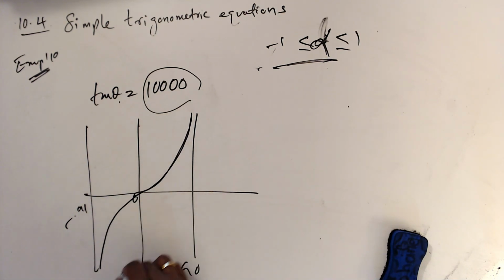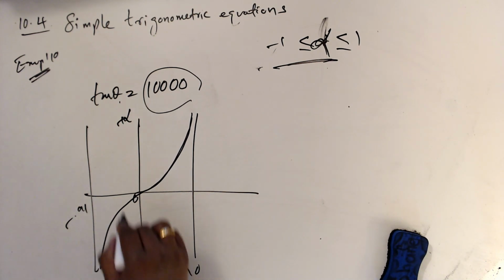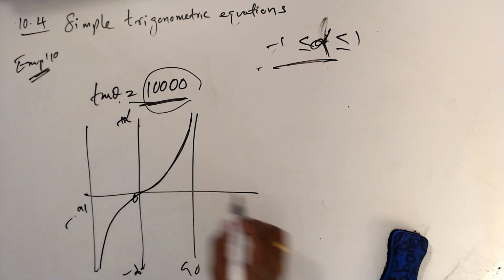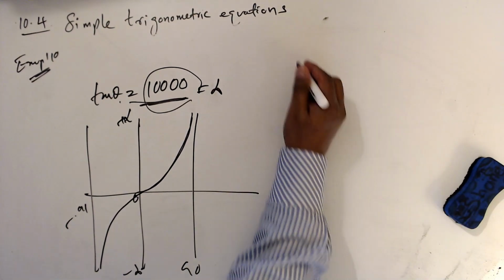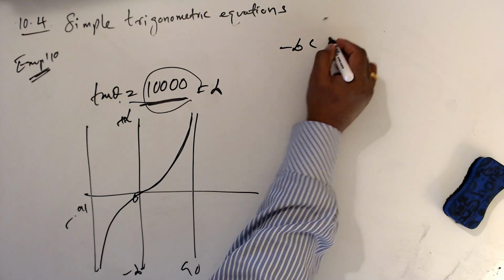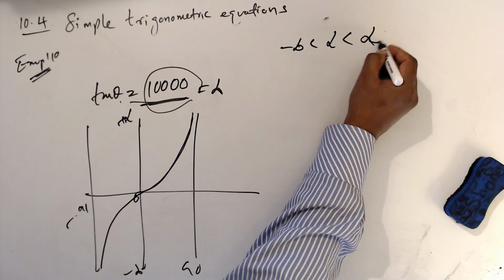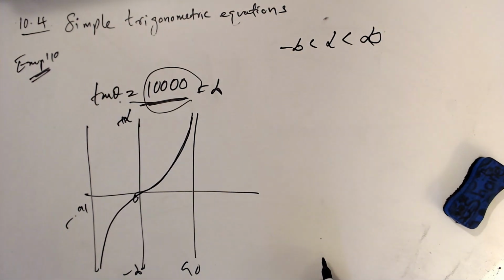It goes from minus infinity to plus infinity. So between minus and plus infinity, any value is fine. If I take this as alpha, the alpha range is minus infinity less than alpha less than plus infinity. We don't put an equal sign for infinity.